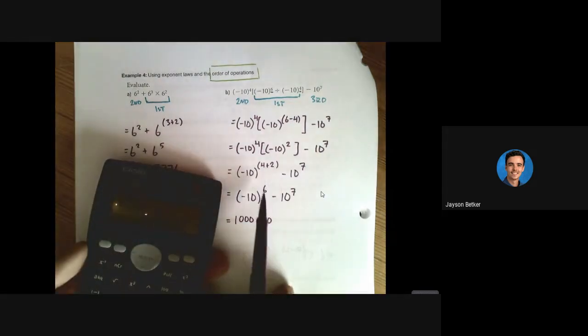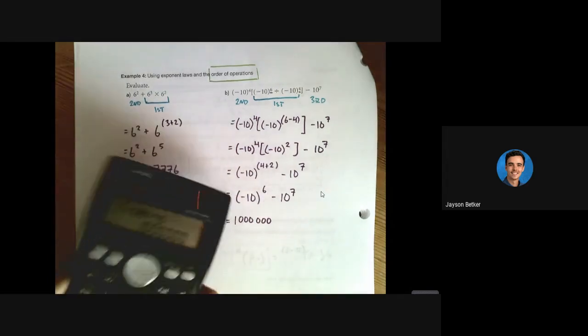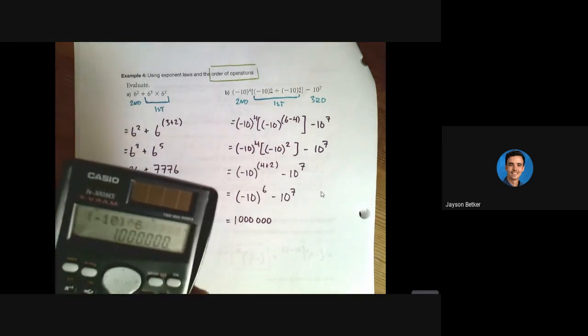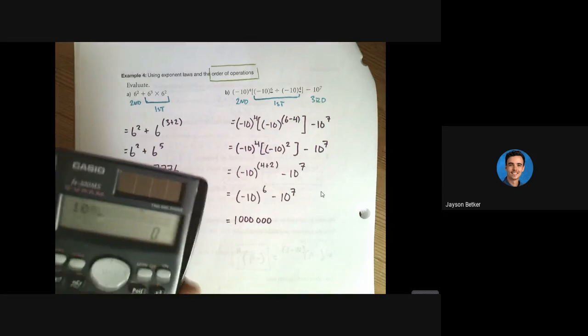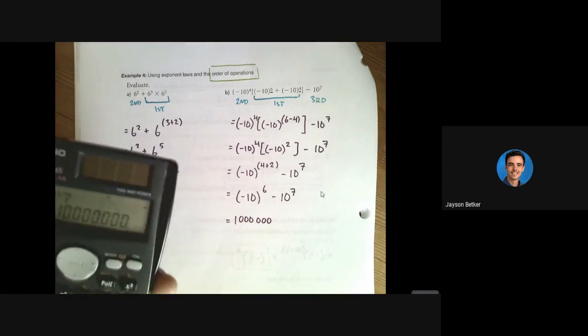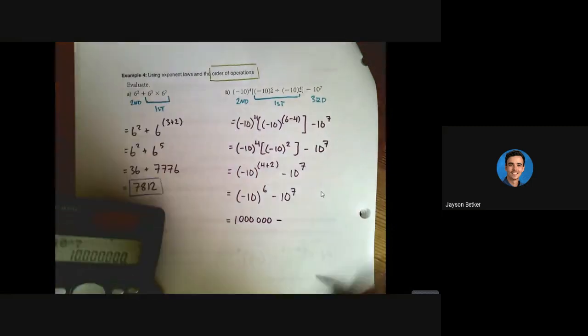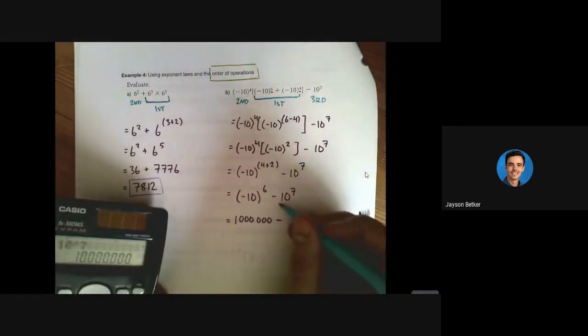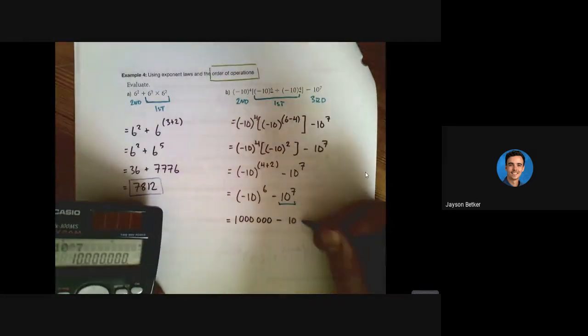You can recall that this 6 here means that we're going to have 6 zeros. Remember that from one of our last lessons. And then 10 to the 7 should just mean that we're going to have 7 zeros. Now remember, this minus is in front of it, so it just stays there. And then we just evaluate the 10 to the 7, which is just 10 million.